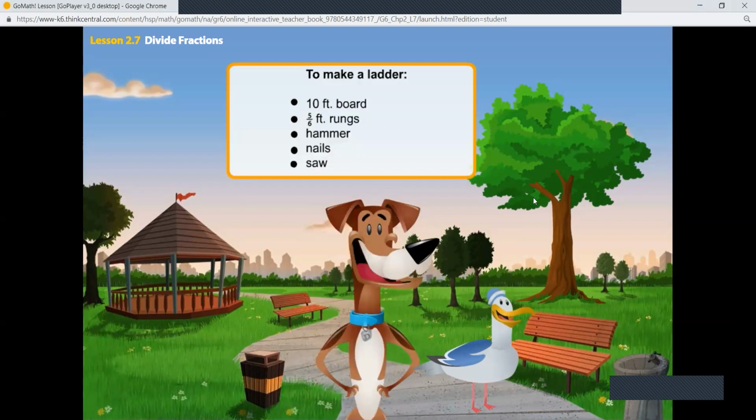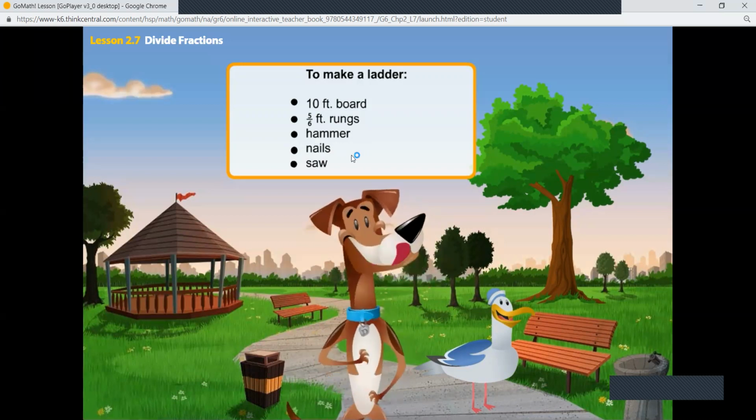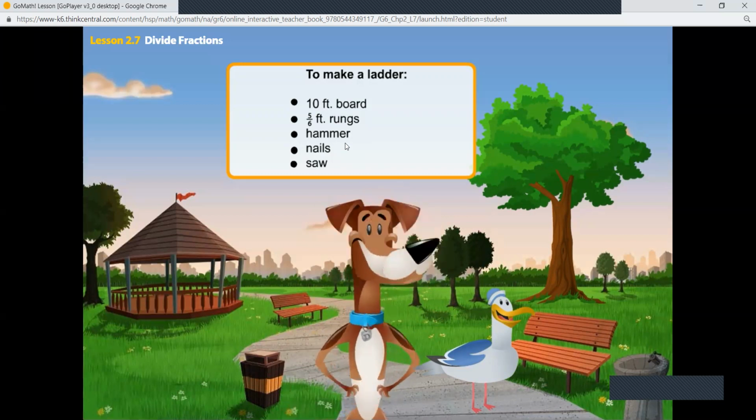The park manager is going to purchase a 10-foot-long board that will be used for the rungs of the ladder. Each rung will be 5/6 of a foot long. I wonder how we can find out how many rungs can be made from the 10-foot board.